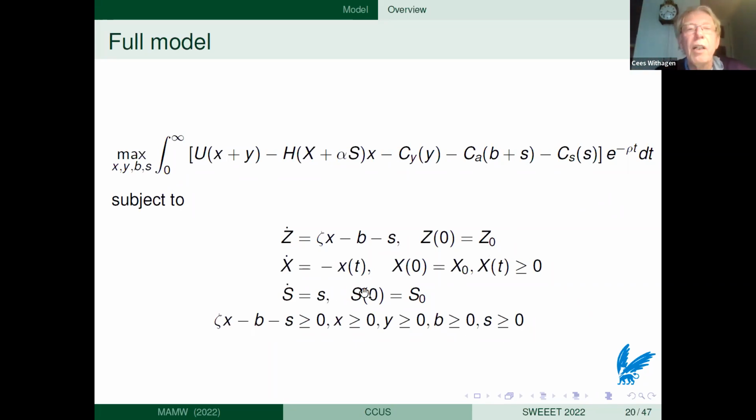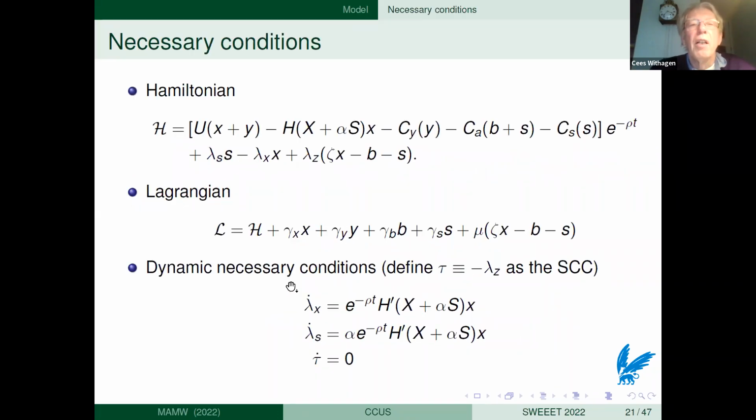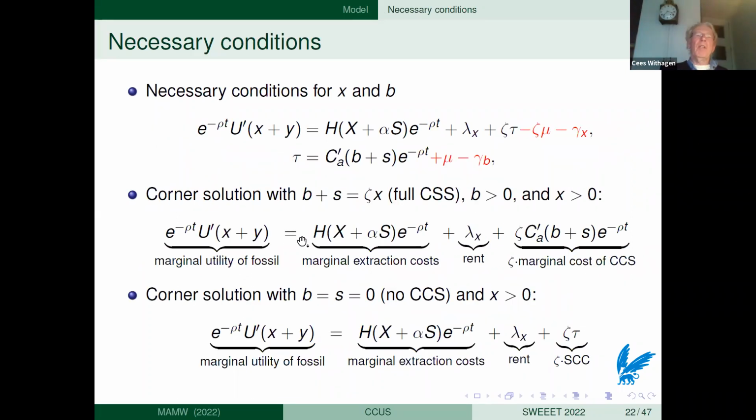So you see that we have 3 state variables, which is a bit frightening, because I've never succeeded in solving analytically with more than 2 state variables. So we will also take care of this. So we have the necessary conditions, and let me briefly go into explanation of these necessary conditions.